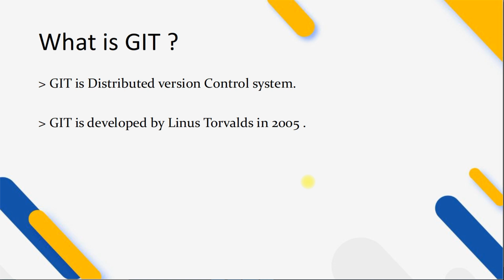So Git is a distributed version control system, as I have already told you. Now let's focus on the words, what exactly a version control system is. Let's try to understand. Suppose you are working on a small, simple project and you are the only employee.